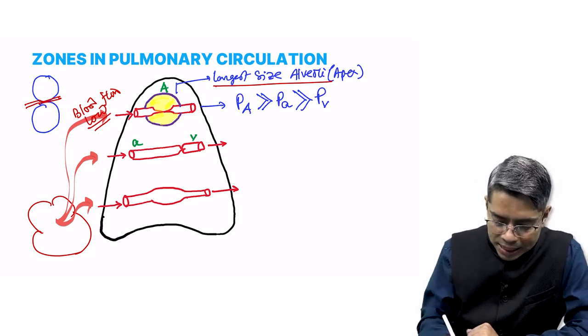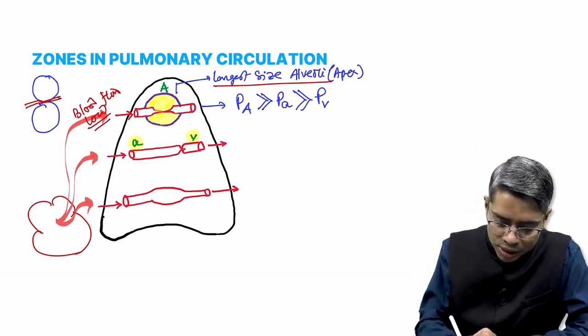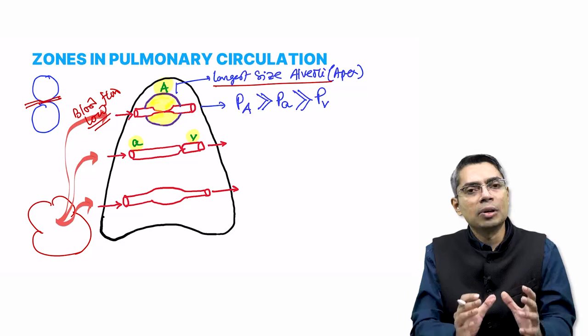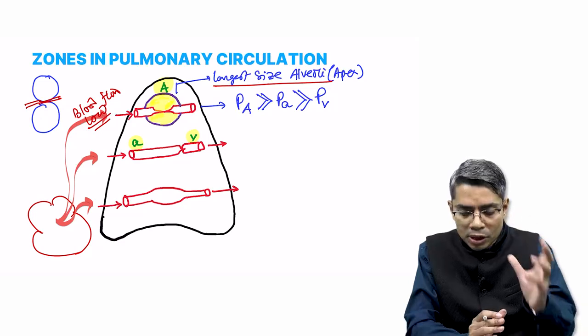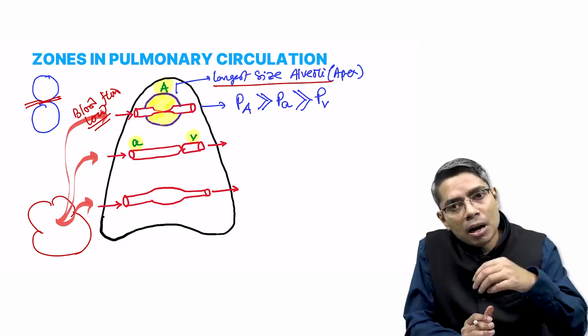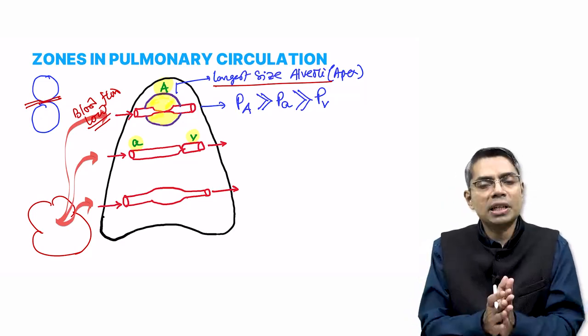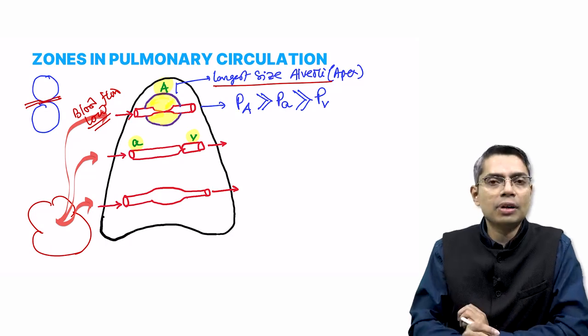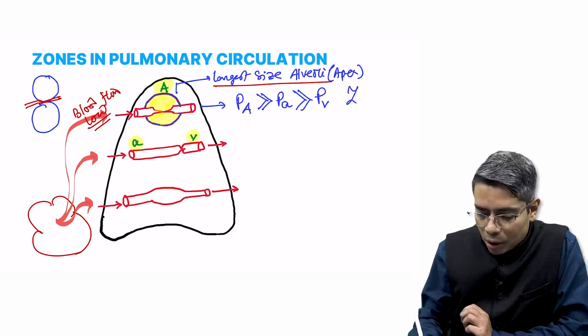So, this capital V indicates the pulmonary venous pressure, small a indicates pulmonary artery pressure, and capital A indicates pulmonary alveolar pressure. So, whenever the alveolar pressure is greater than the pulmonary arterial pressure, then all the capillaries are completely closed, no blood flow is going to happen, and this is known as zone 1 of the lung.